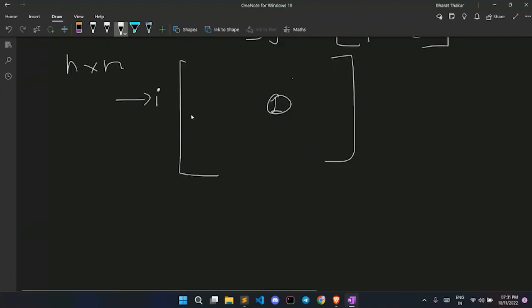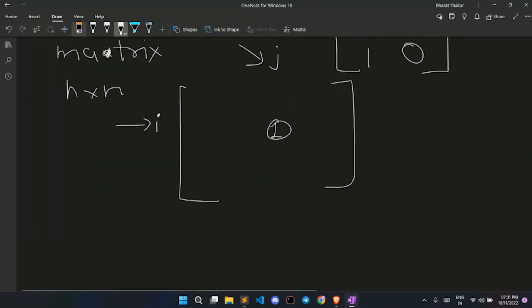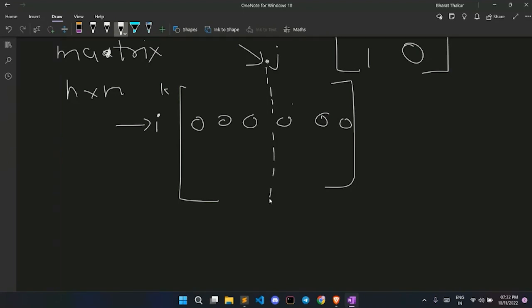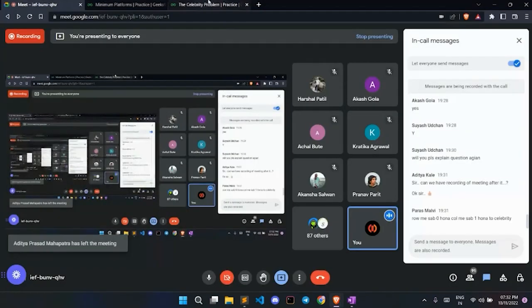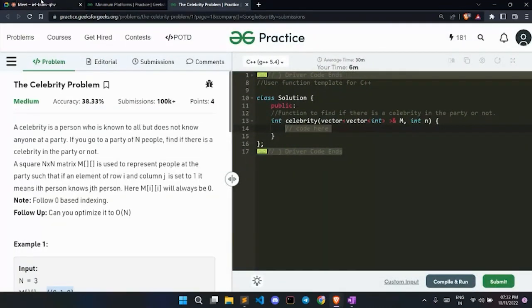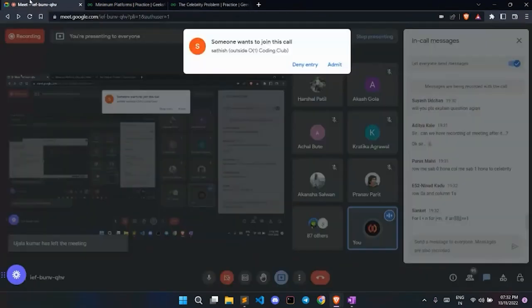We have to find a person i such that all the values here are zero. That means he doesn't know anyone, but for all other people, if this is some kth person, the ith value here should be one for everyone, like one, one, one, like this. Okay, we have to find this person. If you want, you can also read the question. Just search celebrity problem and you will get it on GFG.